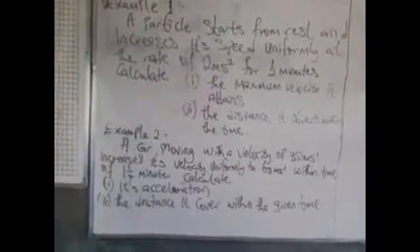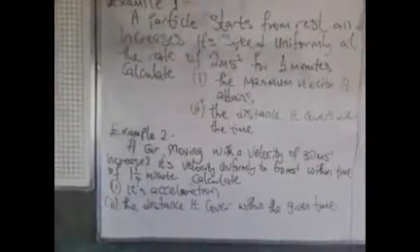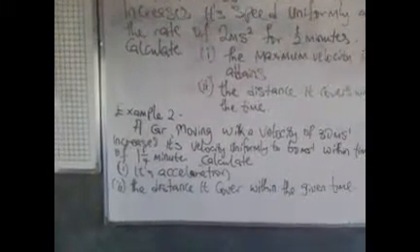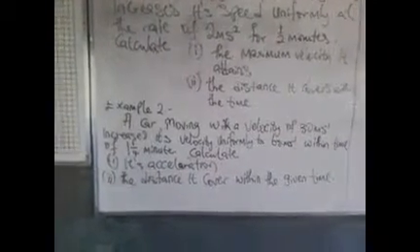Example 2. A car moving with a velocity of 30 meters per second increases its velocity uniformly to 60 meters per second within the time of 1/4 minute.